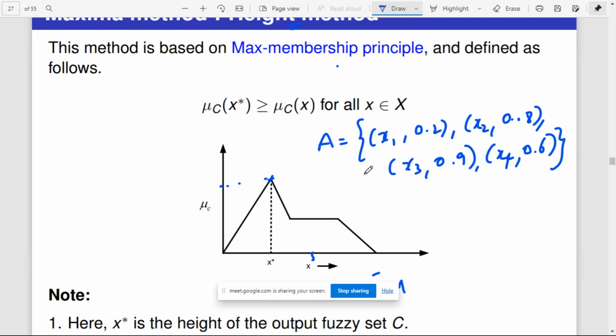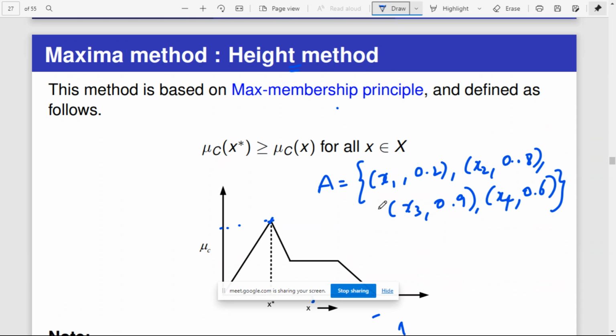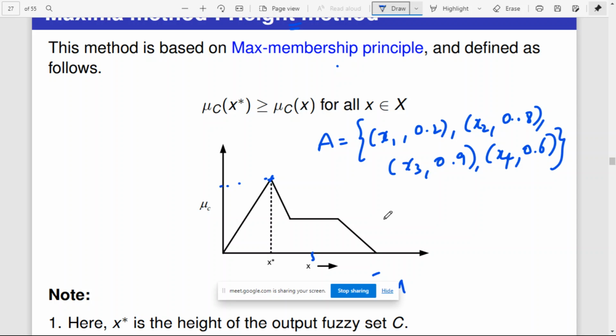For this fuzzy set, if you are using the height method, how will you find x star, that is the crisp value? What will be the crisp value?